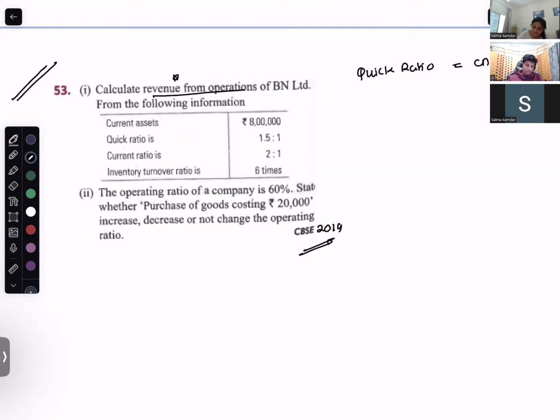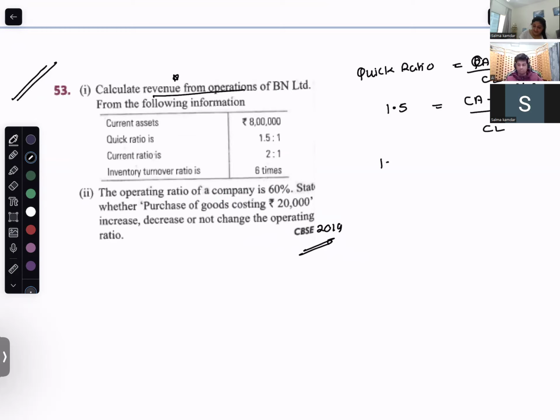They have given me quick ratio. Quick ratio is quick assets over current liabilities. So 1.5 is equal to quick assets, which is current assets minus the closing inventory, over current liability.